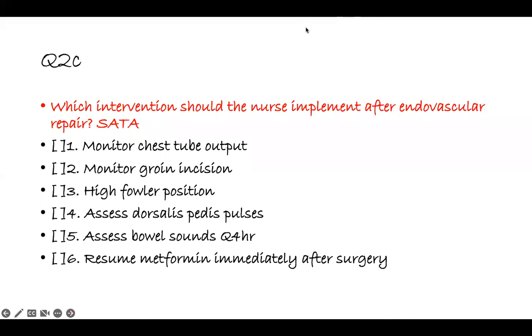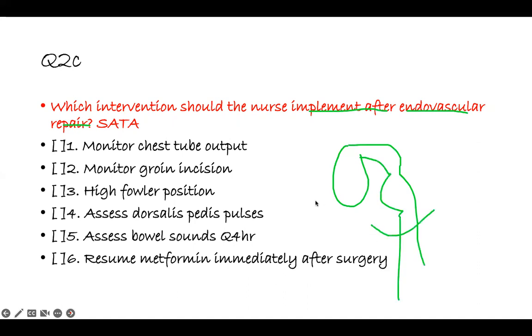The same question we're following. Which intervention should the nurse implement after endovascular repair? So the patient has a thoracic aneurysm, okay? This is the heart, and this is the aneurysm, this is the diaphragm.